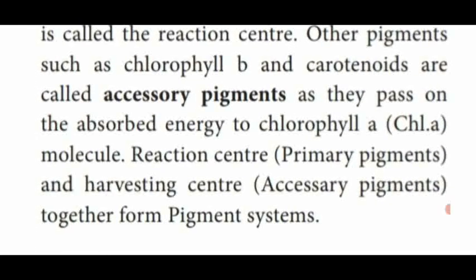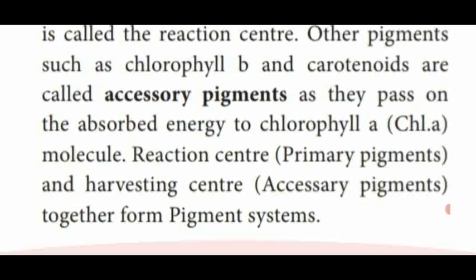So this reaction center, that is chlorophyll A, the primary pigment, and the accessory pigments, or harvesting center, together are named the pigment system. So what is the pigment system? Primary pigments are the reaction center.